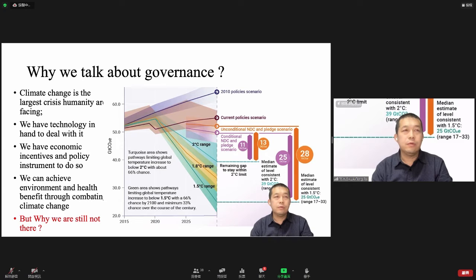And you must also have learned from the lectures by Professor Chao Jing and Professor Zhang Da that we do have economic incentives to deal with climate change. And we also have policy instruments, including the emission trading scheme, to reduce our emissions.